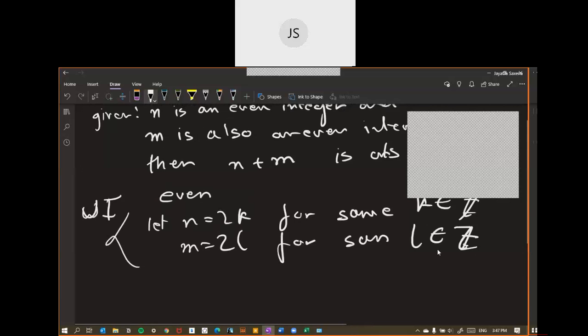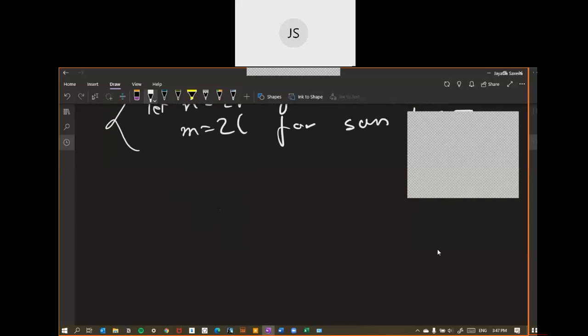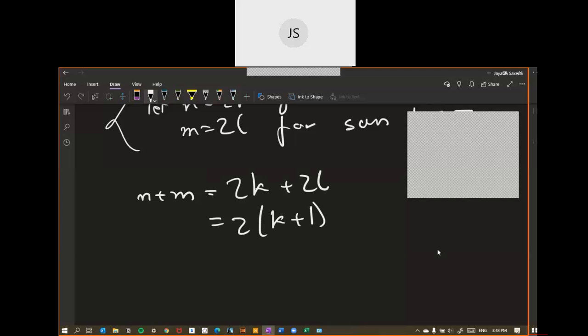And then what we do is we try to describe what n plus m is. Now, n plus m is equal to 2 times k plus 2 times l. But because of the distributive property in addition in the integers, this can be written as k plus l times 2.